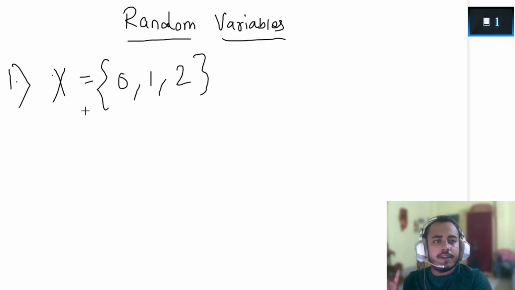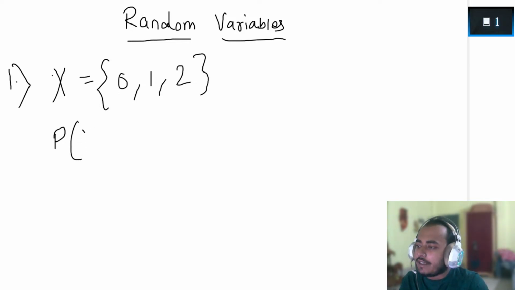So the definition of random variables is made such that we have x equals 0, 1, 2, and we can assign probabilities to each of its outcomes. So when x is 0, we can have some probability p1.